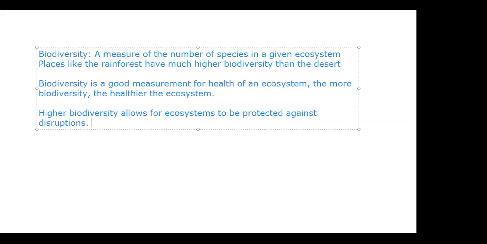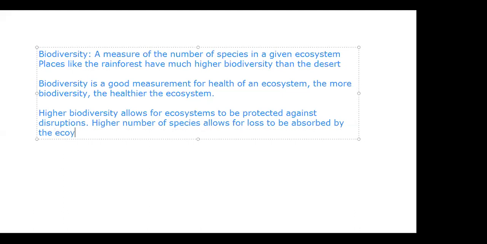So, higher number of species allows for loss to be absorbed by the ecosystem more easily.